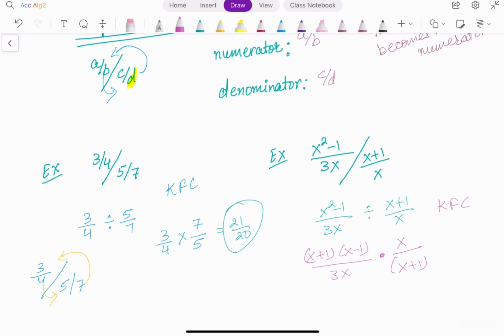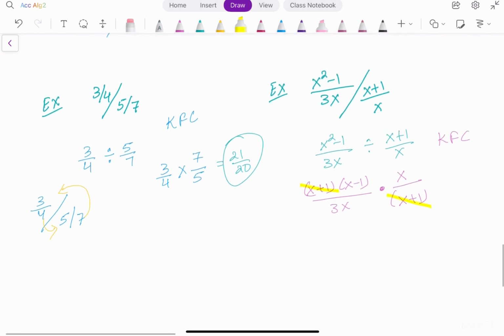Now at this point, can I cancel out something? Yes, we can cancel out x plus 1, and we can also cancel out x. So let's write it down first and then we will cancel out x. Now at this point, we can cancel out x. So my leftover answer will be x minus 1 over 3.